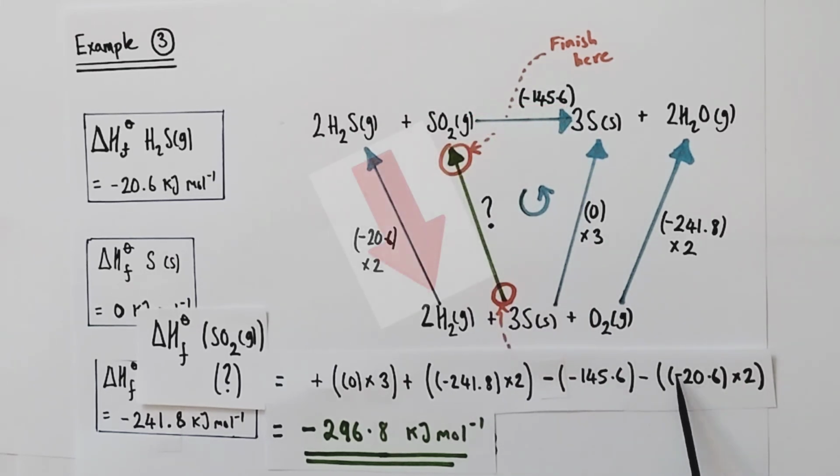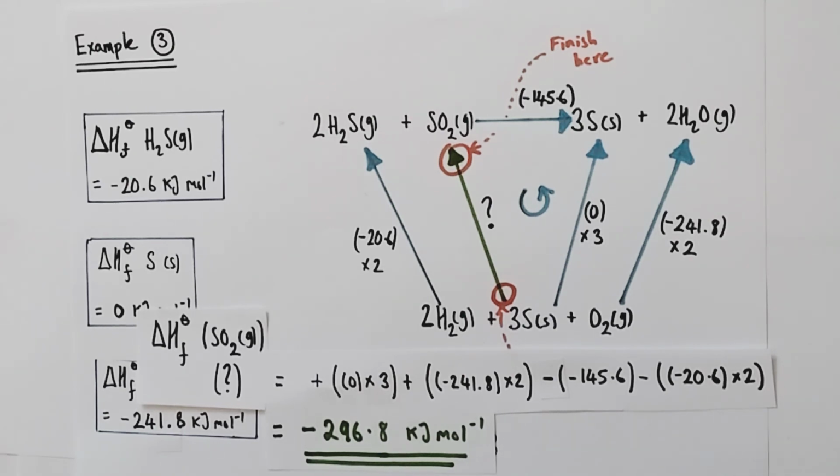And minus 20.6 times 2, going against the enthalpy change of formation of hydrogen sulfide times 2. And the sum of our entire blue route from here round to here is minus 296.8 kilojoules per mole. And according to Hess's law, that is equal to our other route, which is our green route here, which means that our enthalpy change of formation of sulfur dioxide must also be minus 296.8 kilojoules per mole.